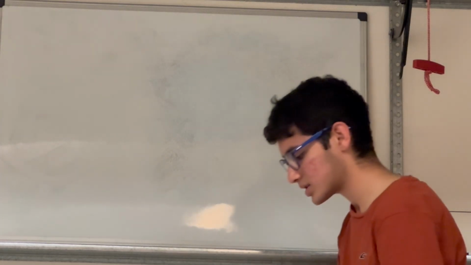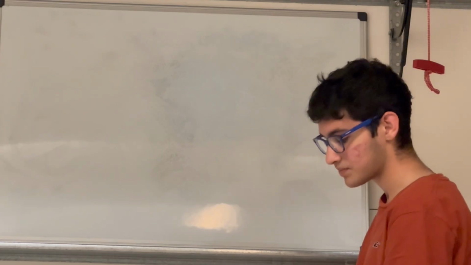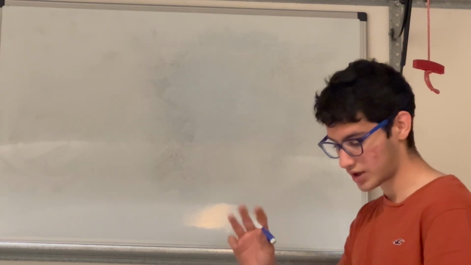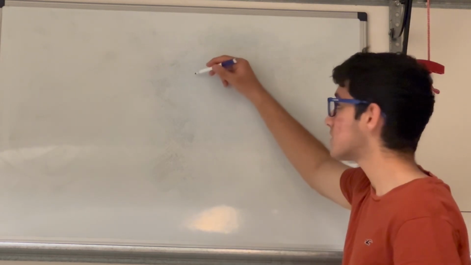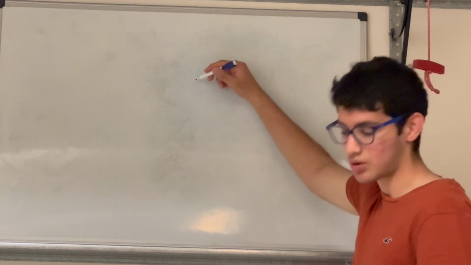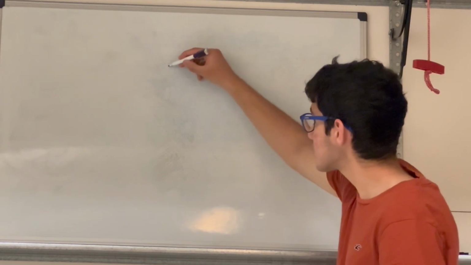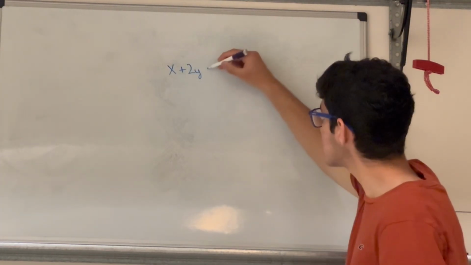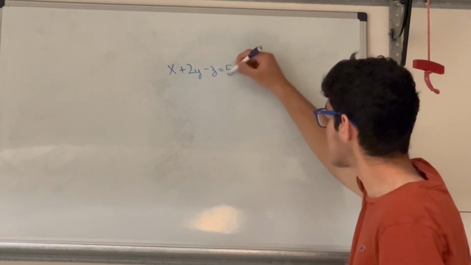The question that we're asked is a system of equations, but instead of one variable or two variables, we're given three variables. And not only are we given three variables, but we have to be a bit creative with how we use them. So the first equation is x plus 2y minus z equals 5. So that's the first one.